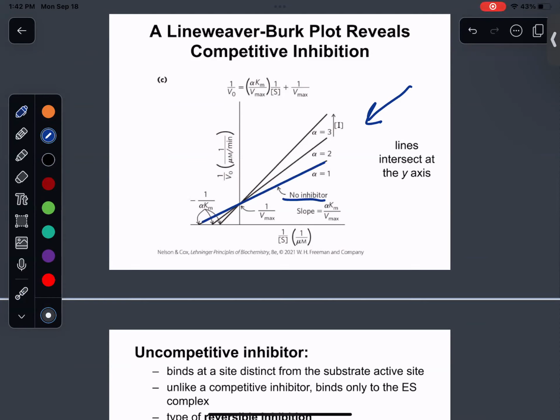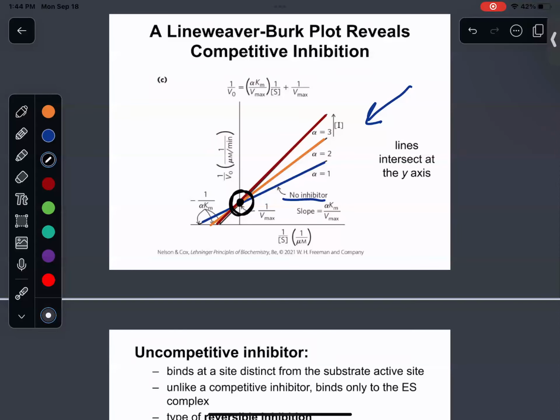So if 1 over V max is the same for all three lines, then V max alone must be the same for all three lines, right? Because here, 1 over V max equals 1 over V max equals 1 over V max, right? Just cancel. In other words, V max equals V max equals V max.